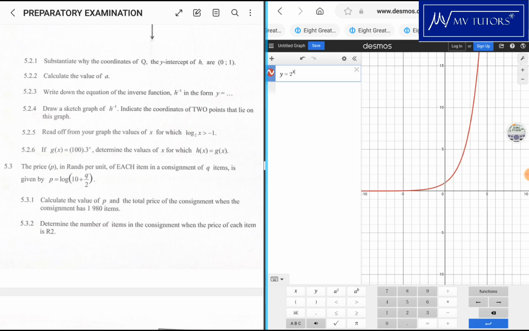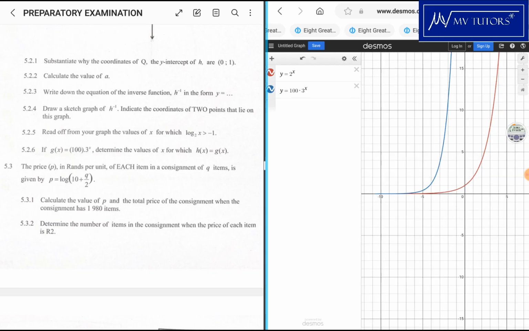Okay, there it is. And then we have y is equal to 100 times 3 to the power x. Oh, okay. So this is how it looks.